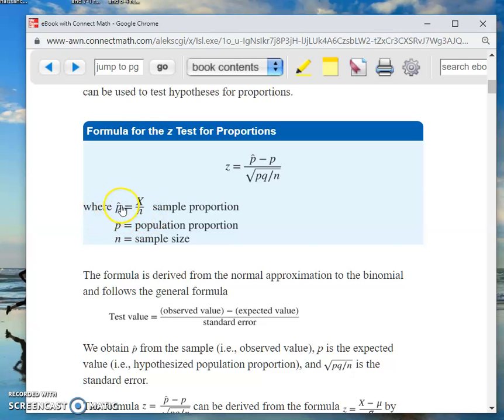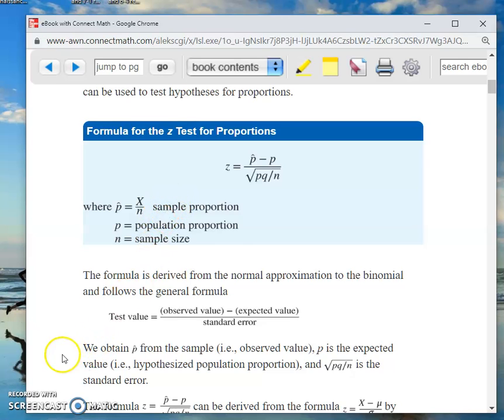We usually say p hat right here. p hat is x over n. Now, here's where the notation makes you crazy. In this context, x is the number of successes. Let's say you're talking about heads and tails. x might be the number of heads that you got.